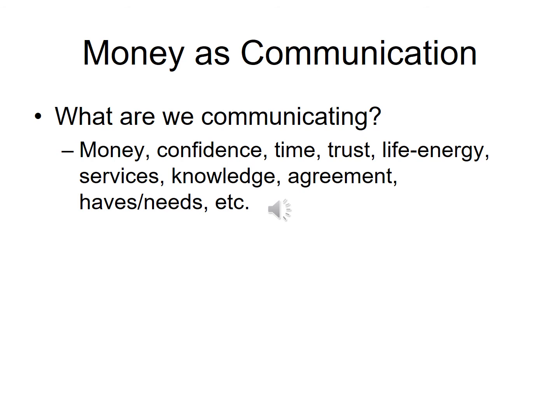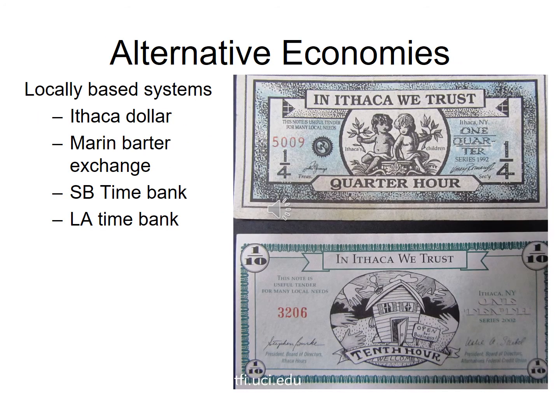That's their life energy that they put into that, and services, knowledge. It's an agreement to give them something for that. Those are some of the deeper things that are behind the representation of money. Some alternative economies have popped up in the last 20 to 30 years.